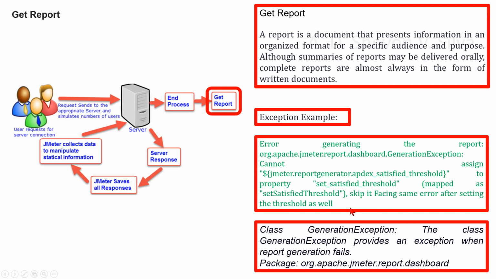Error generating the report: org.apache.jmeter.report.dashboard.GenerationException: cannot assign jmeter.reportgenerator.apdex_satisfied_threshold to property set_satisfied_threshold. Facing the same error even after setting the threshold as well.